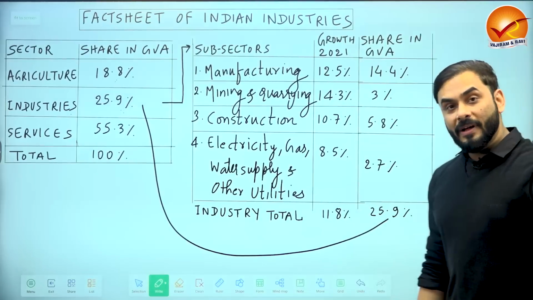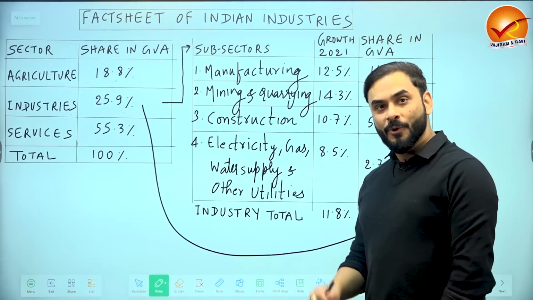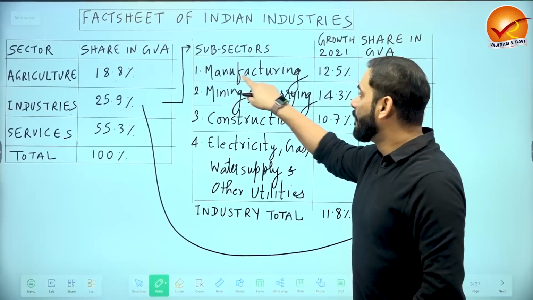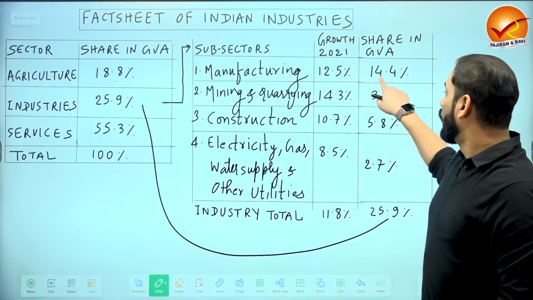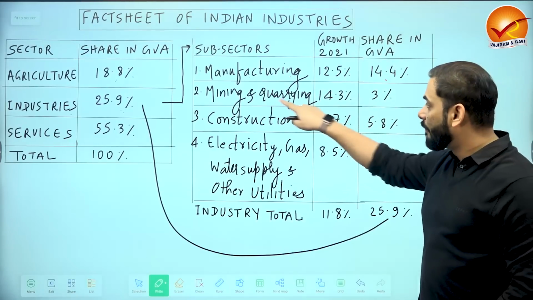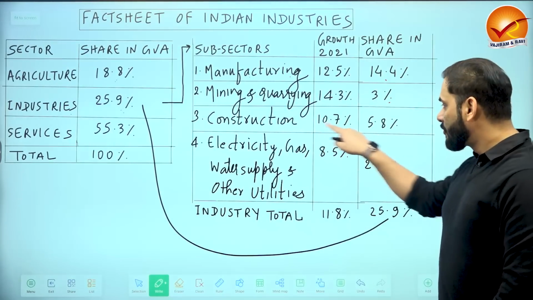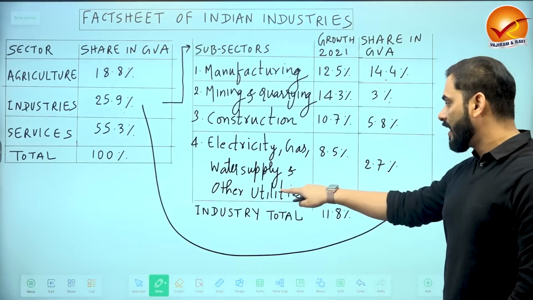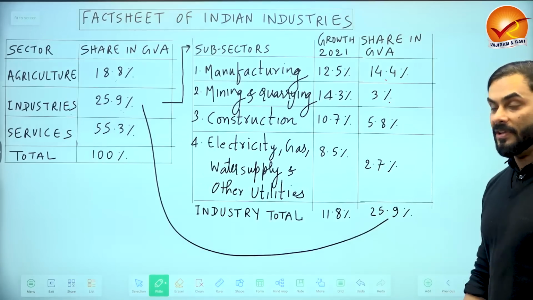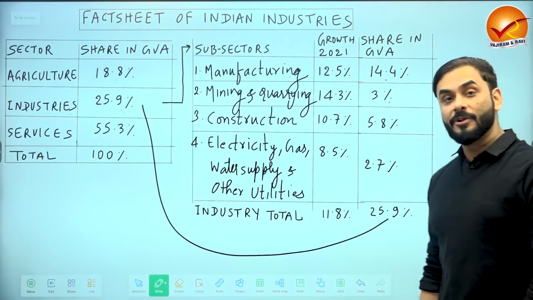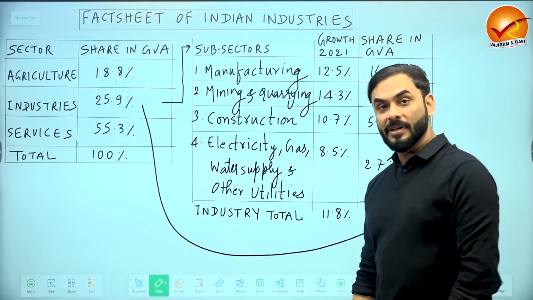Out of this 25.9%, what is the share of manufacturing? 14.4. What is the share of mining and quarrying? 3. Construction 5.8%, electricity, gas, water supply and other utilities 2.7. If you add up all these things, you will get 25.9%.